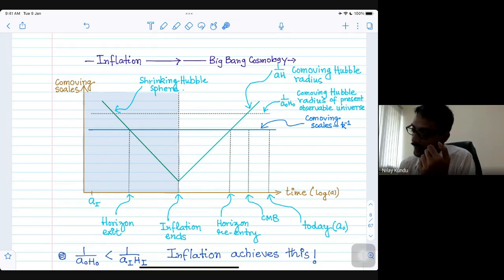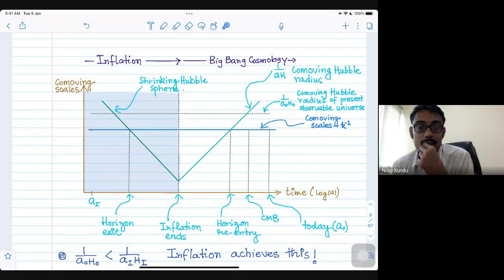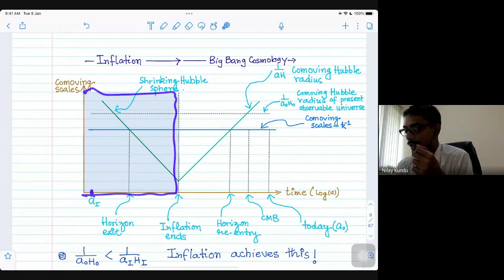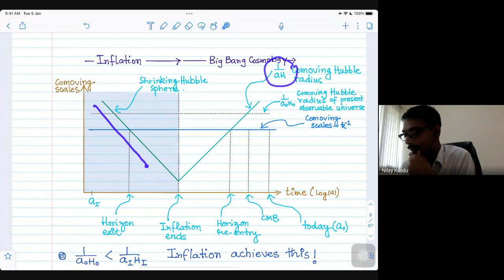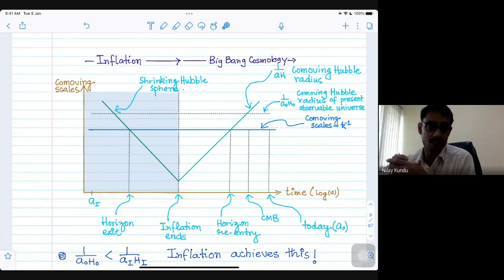What it does is it reverses the evolution of 1 over aH. So inflation is this part, the shaded region, where 1 over aH decreases with time, or the Hubble sphere shrinks.